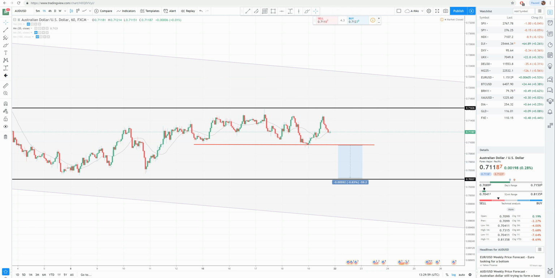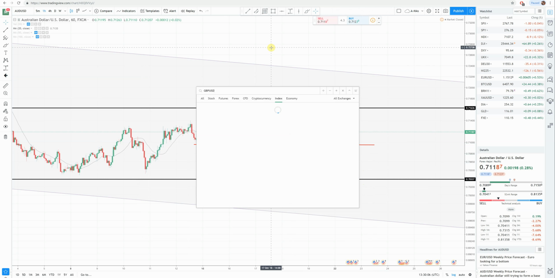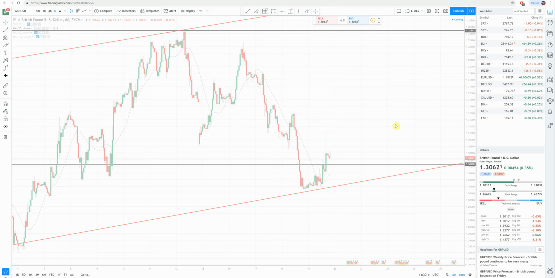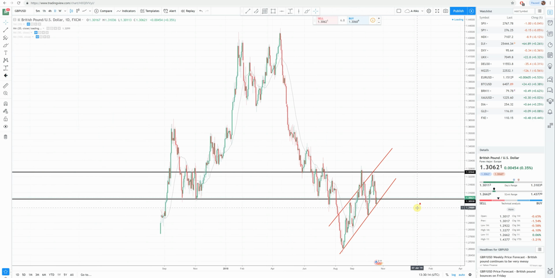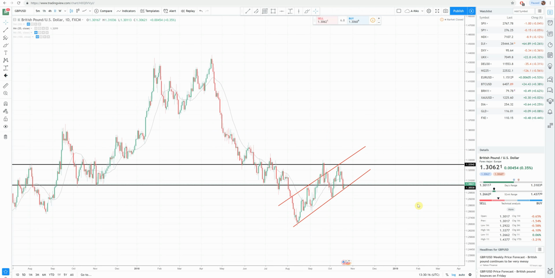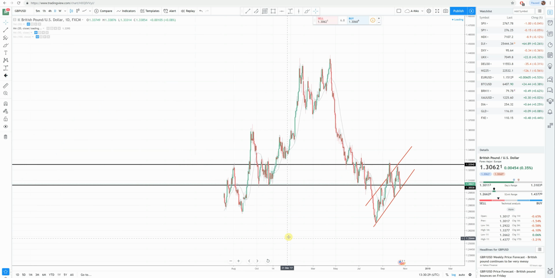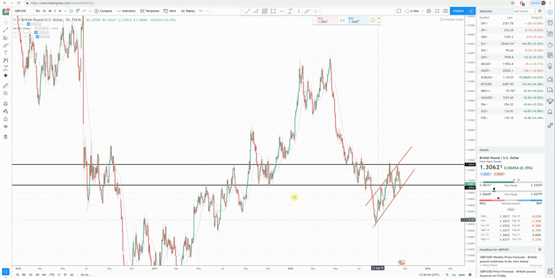Alright, let's move on to the pound dollar. Okay, the pound dollar is on an upswing trend since around August 14, August 15, since it reached this level of support.